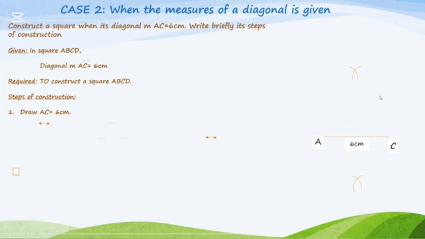In the same way, we put the compass at A with the same opening and make 2 more arcs, one above, one below this line segment. These 2 arcs must intersect the 2 previous arcs which we drew by putting the compass at C.